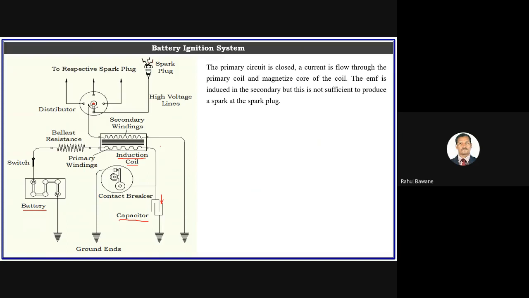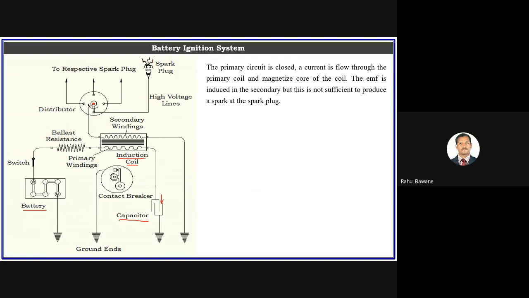Remember, the intensity of the EMF induced in the secondary winding depends on the rate of generation of the magnetic field, or even the rate of magnetic field collapse. It does not depend on how strong the magnetic field is. It mainly depends on the rate of generation or the rate of collapse of the magnetic field.